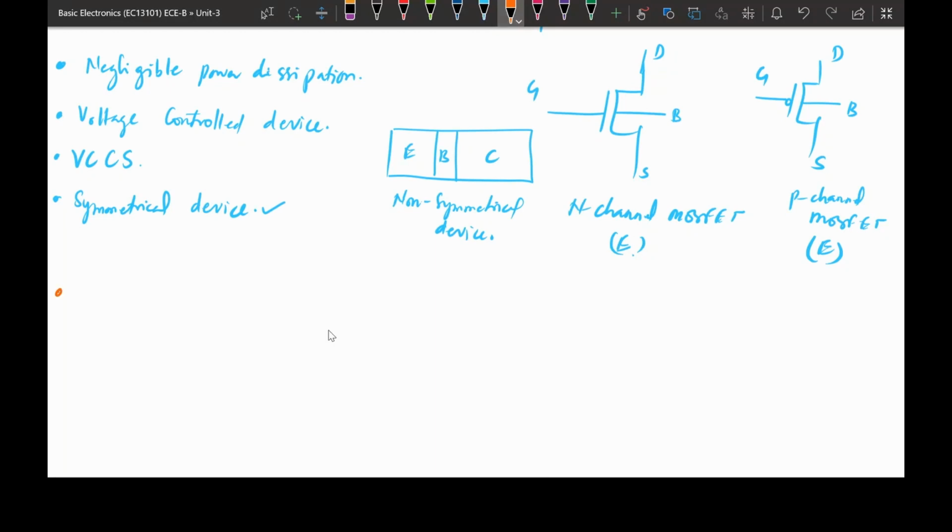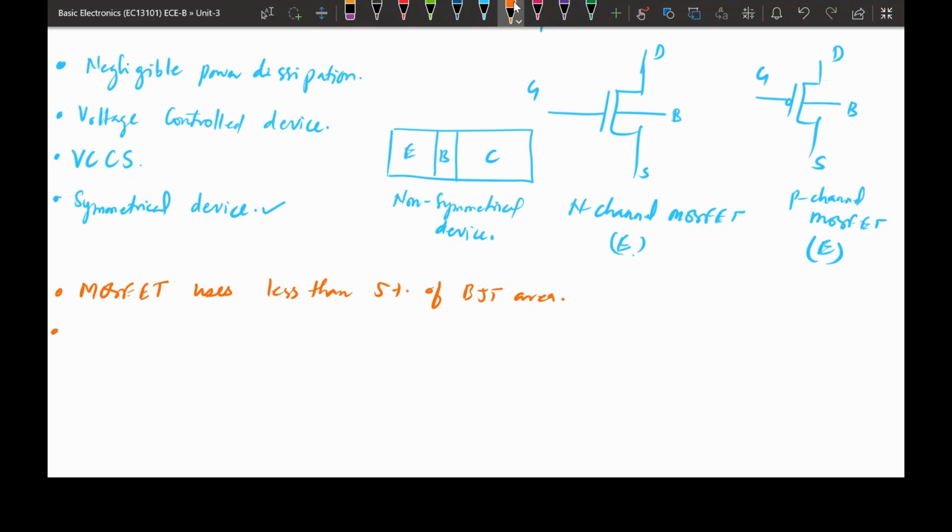Next point we can write here. In case of BJT and MOSFET, MOSFETs use a lesser area compared to a BJT. If the BJT area is 100, then the MOSFET area will be 5 or less than 5 also.